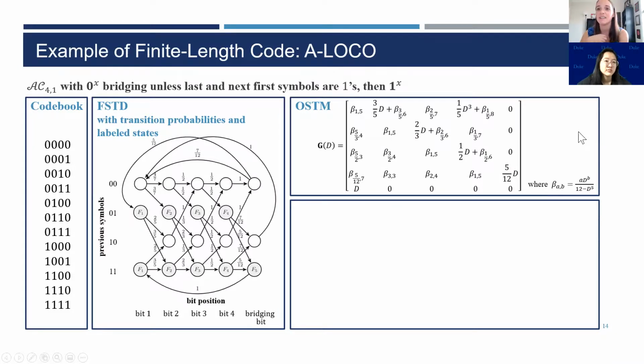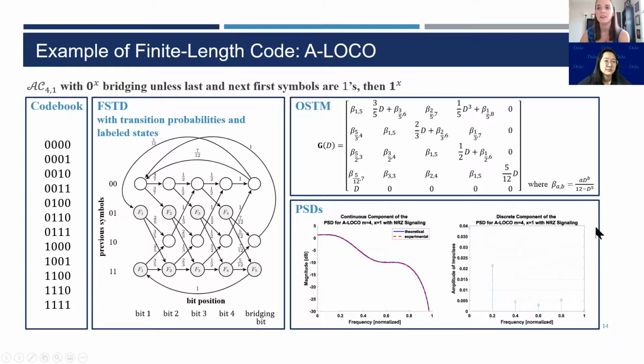And it turns out that the numbers associated with this pattern are only dependent on M, X, and then the cardinalities of the code book, whether that be the full cardinality or the cardinality of subsets of the code book. So here I've got the theoretical and experimental results for the power spectral density of the continuous component, which we calculated using our method, and they match perfectly. We also have the discrete components calculated out using Fourier analysis, and that would be useful for a system designer as well.